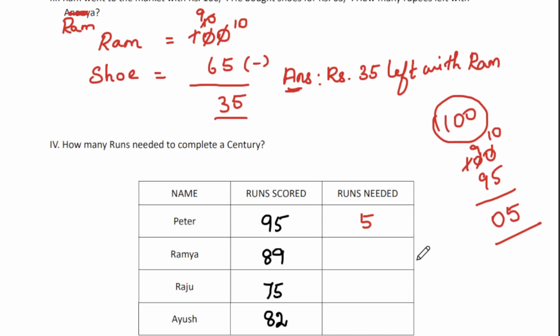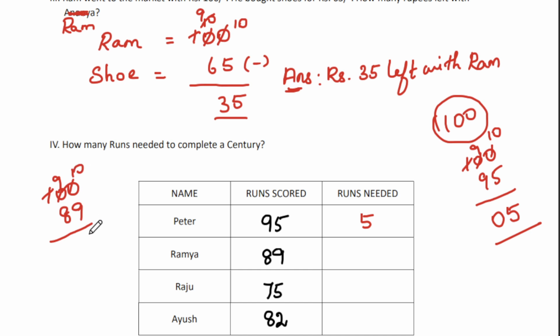Okay. So next we have Ramya. Ramya scored 89. So I'll write here, we have 100. So 100 minus 89. Again this becomes 9 and this becomes 10.